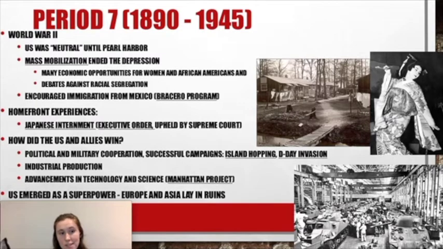The United States is going to enter the war later than the other allied powers, and as a result, the United States has the backing of the United States economy in this war, that mass mobilization, able to produce the stuff you need to wage war very effectively, and mass production of these items is going to help the Allies to win this war.